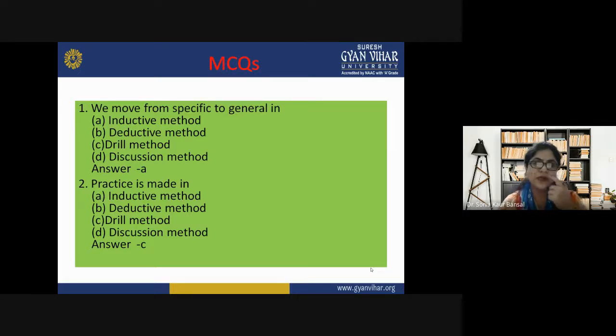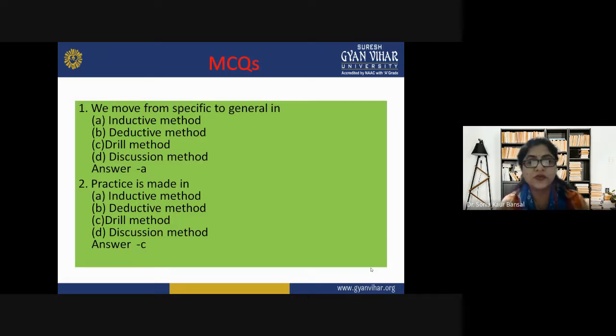Now, the second question is related to which method practice is made in: inductive method, deductive method, drill method, or discussion method. So the correct answer is drill method. Drill is something which enables our students to do more and more practice on a particular content that you have taught.